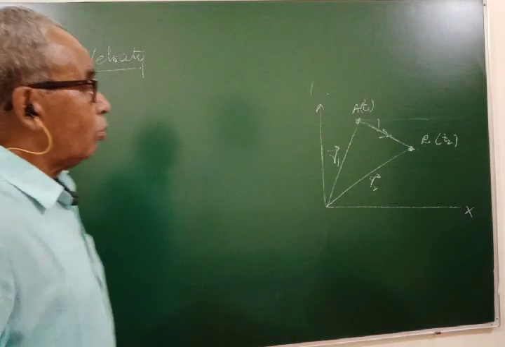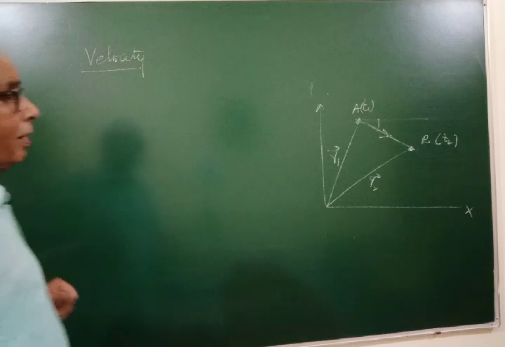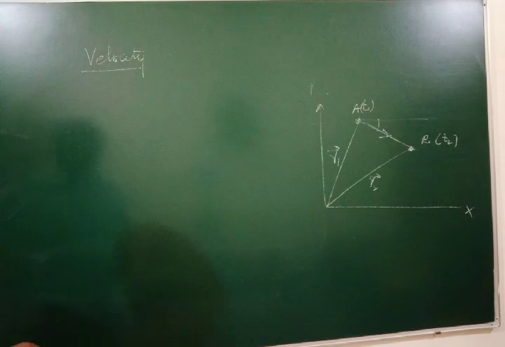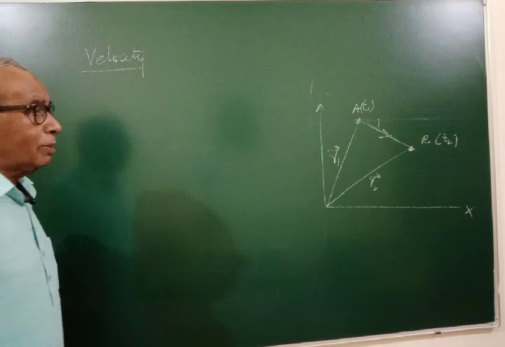In the figure, a body goes from A to B in time t2 minus t1. Then displacement AB equals R2 minus R1.